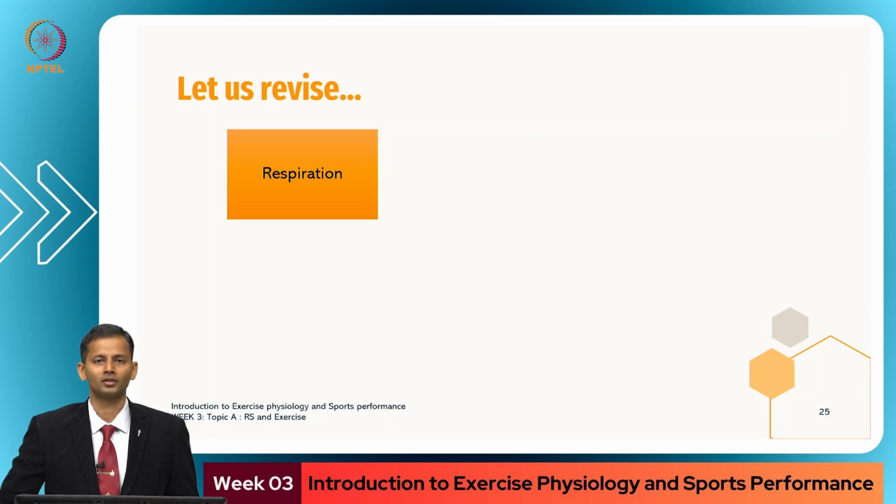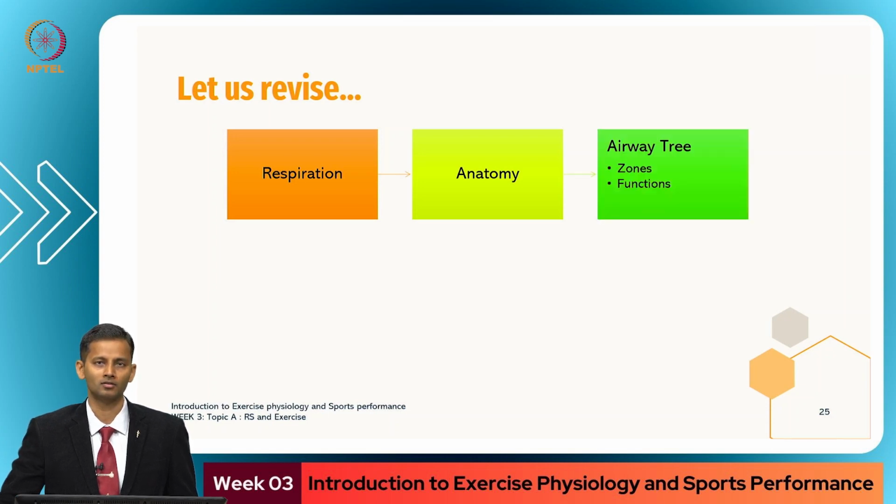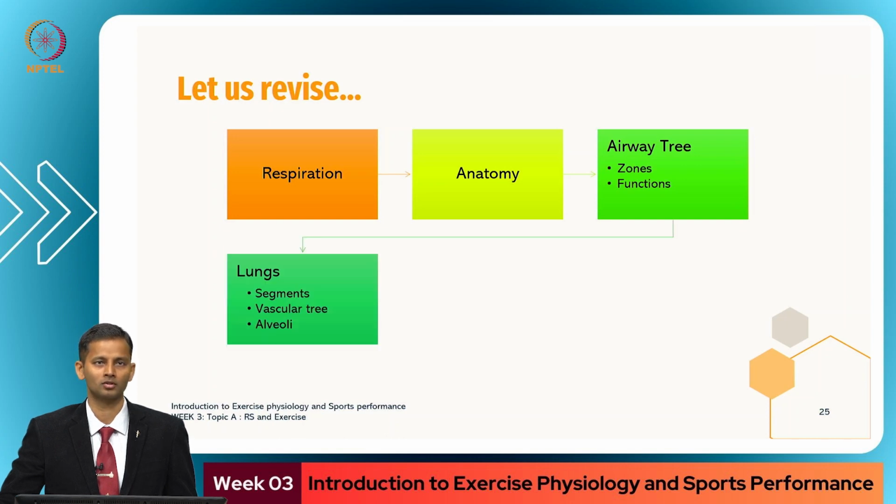We learned about the process of respiration, anatomy of the respiratory tract and the lungs. We saw the different zones of the airway tree, the functions of the conducting zones and the respiratory zones.